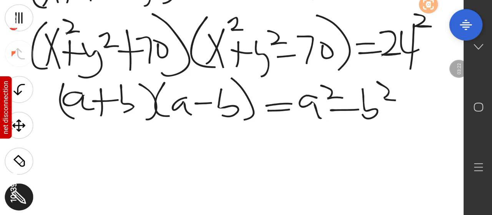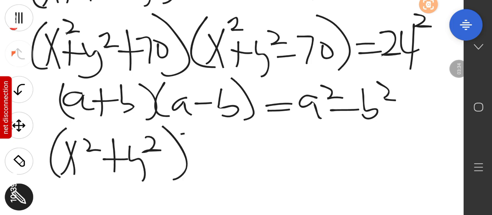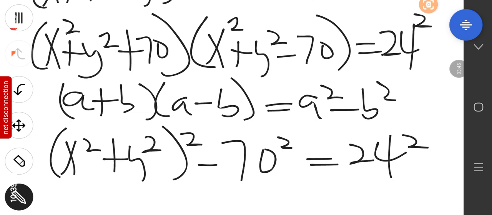Now compare this to the equation, and you can see that we can write x squared plus y squared, all squared, minus 70 squared equals 24 squared.